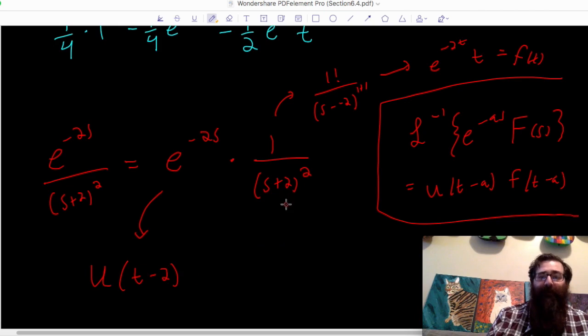And then it should be that function little f that I just found, but it shouldn't be of t. It should be a function of t minus a. So I'm going to use this as my framework, but everywhere I see a t, I'm going to have to replace it with t minus a. So that's e to the negative 2 times parentheses t minus a. And then instead of times t, it's got to be times t minus a.